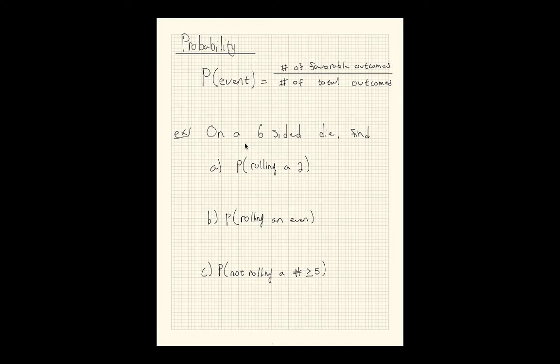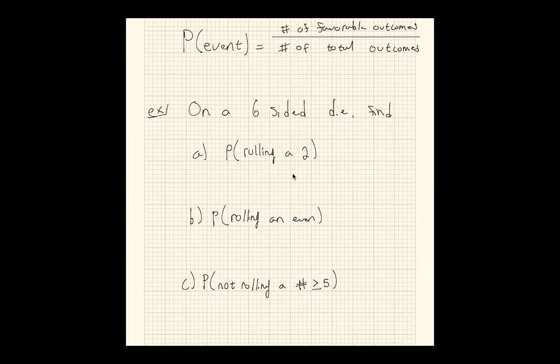So if we were dealing with a 6-sided die, let's find the probability of rolling a 2. If we had a 6-sided die, there's 1, 2, 3, 4, 5, 6. Probability of rolling a 2 is there's only one favorable outcome, there's only one 2, and there's 6 options. So the probability of that would be 1 over 6.